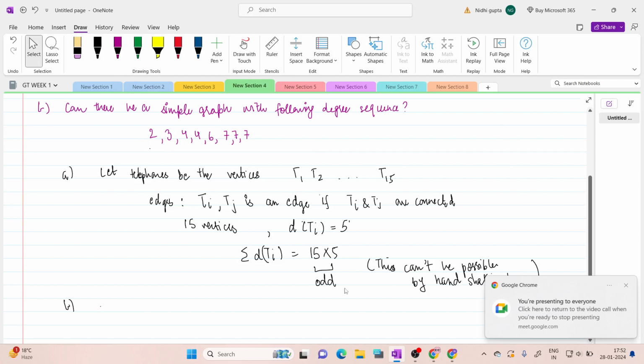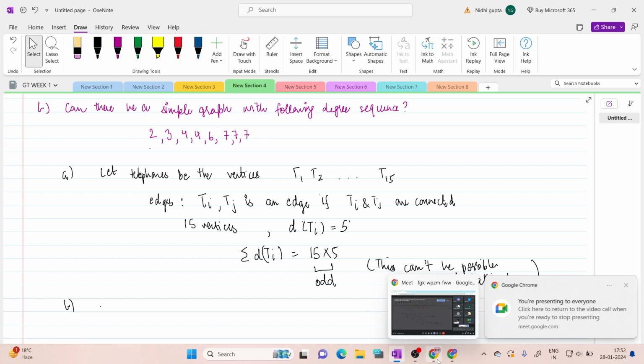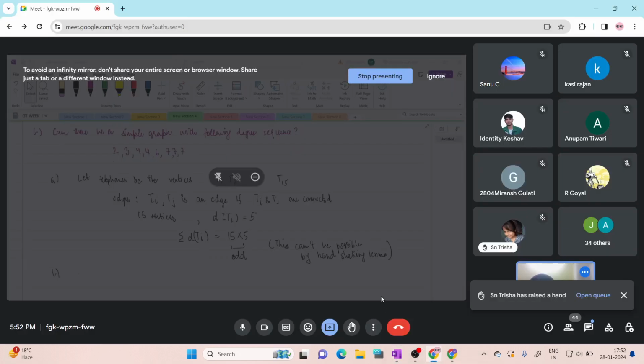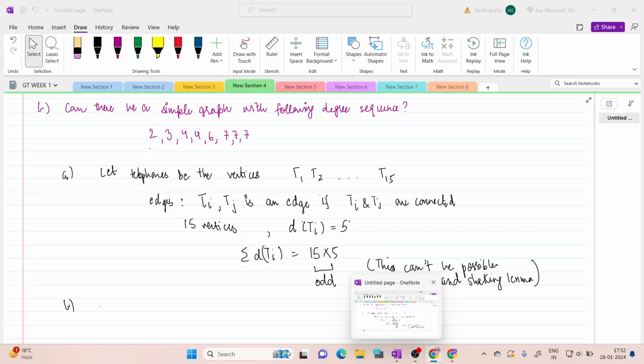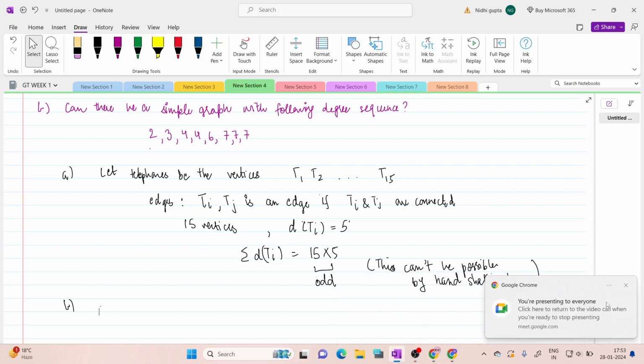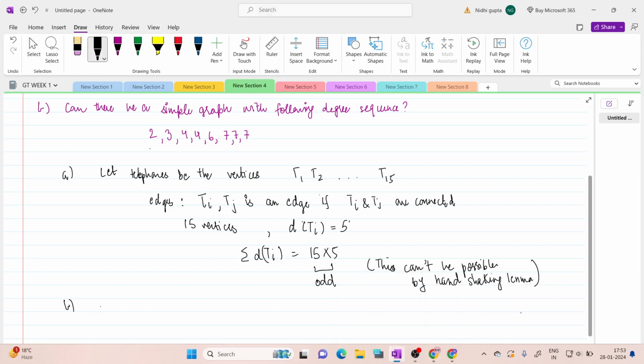Now, why can we conclude from this degree sequence that every vertex should have degree at least 3? Because there are three vertices with degree 7, which is n minus 1.